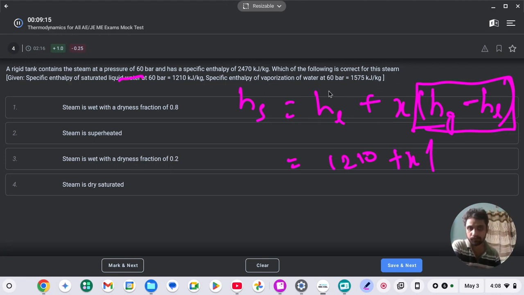Specific enthalpy of vaporization of water at 60 bar. So Hg is given as 1575 minus 1210. So this should be Hs, and Hs is given to be 2470.